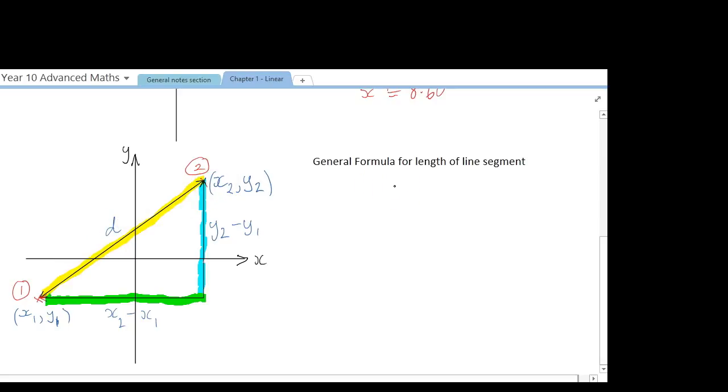So let's call the length of this yellow line here d. Now putting that into, it looks like quite a complex formula. It's just Pythagoras' theorem using points.